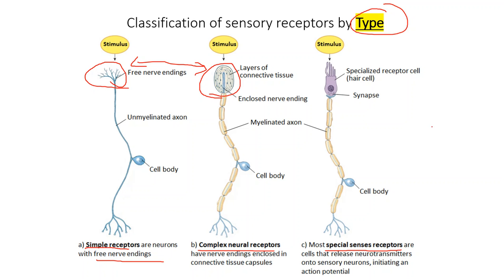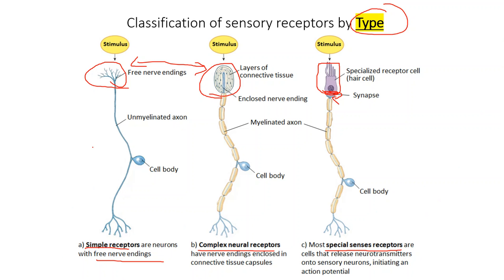There are special sense receptors, which are really special cells, as shown here, okay? They're really specialized cells, and they are able to release neurotransmitter in a cleft. That neurotransmitter will act on a sensory neuron, okay?